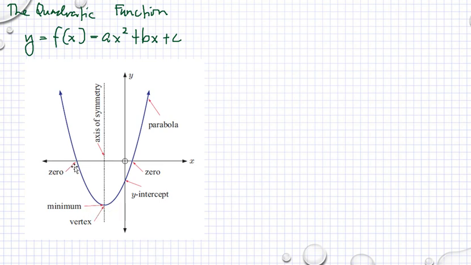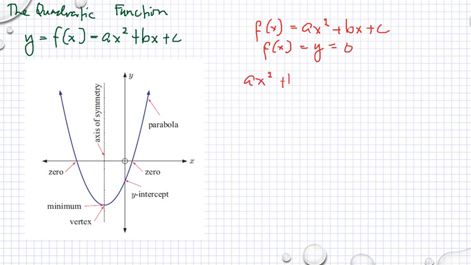The zeros, we call them roots, when y is equal to 0. So when my function f of x is equal to ax squared plus bx plus c, when f of x or y is equal to 0, then we have ax squared plus bx plus c is equal to 0. Then there are a lot of ways to solve this.